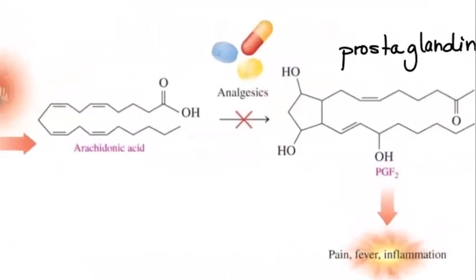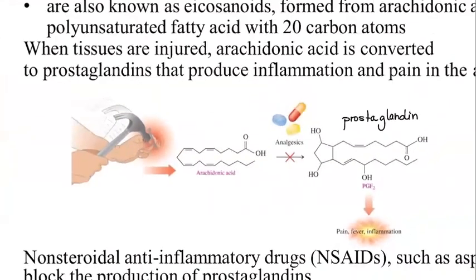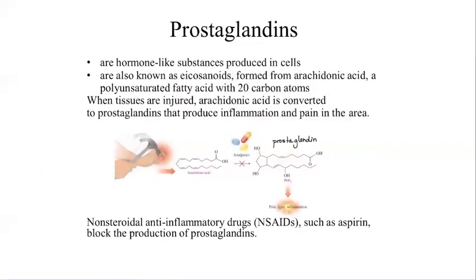So the analgesics that you may consume are going to specifically stop the enzyme that takes arachidonic acid into prostaglandin, and that's how it relieves that signaling process. So as you can see, fatty acids are not only utilized in the body to produce other lipid molecules, they can also be utilized as signaling molecules in the inflammatory response.